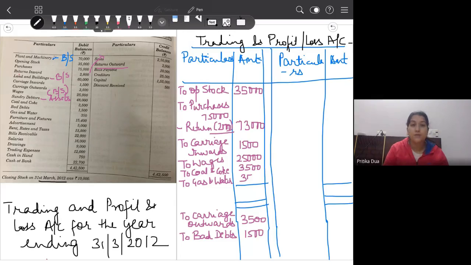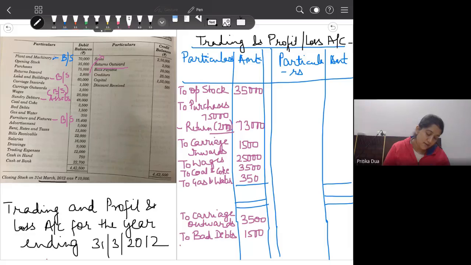Okay. After that, furniture and fixture, furniture, an asset for the business, comes in the balance sheet. Advertisement. Advertisement is used for marketing or promotion of the business, promotion of the goods, an indirect expense, to advertisement, and here I put 5,000 rupees.